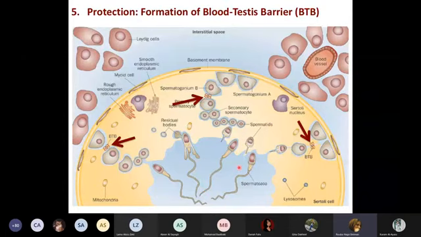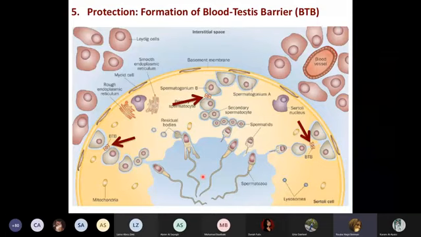Any toxic substance, any bacteria, anything that is toxic or pathogenic or can cause a defect for the sperms in the lumen, all these molecules will be prevented from passing from the blood to the lumen where the sperm cells are present.